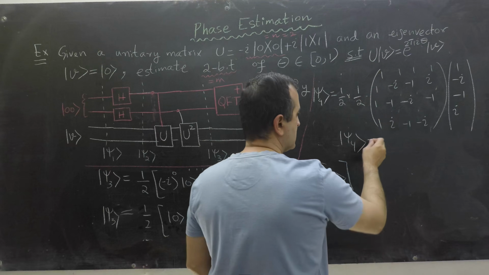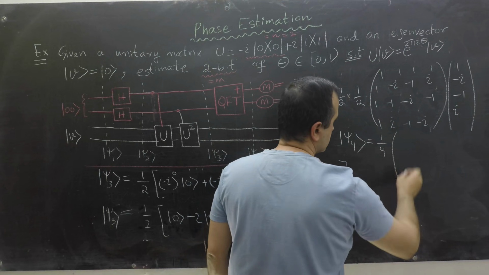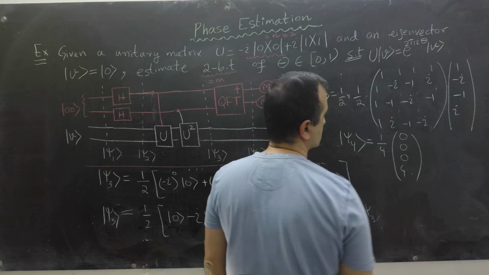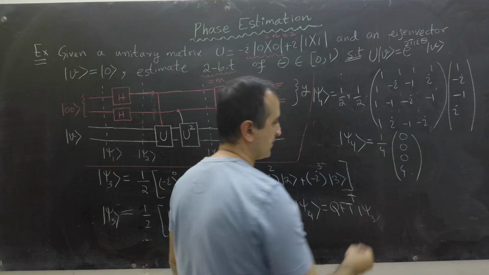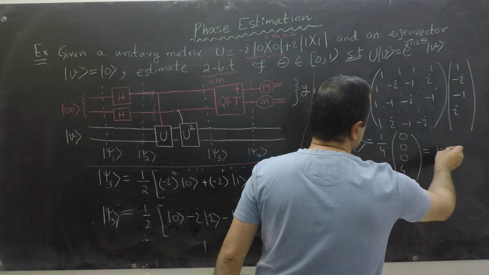My final result will be 1 over 4 times 0, 0, 0, 4, because everything else cancels out, which equals ket 3.